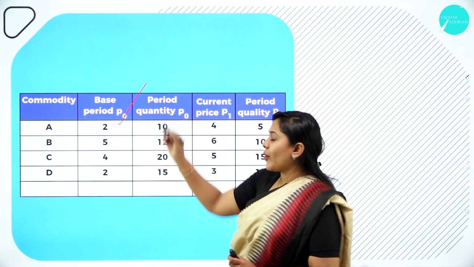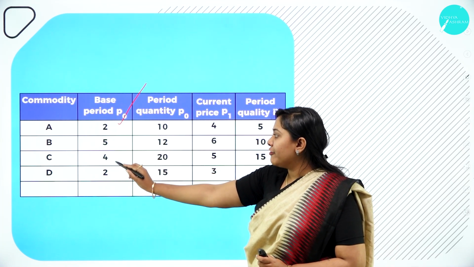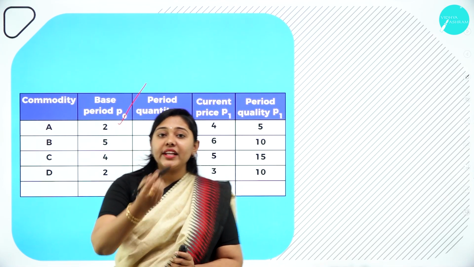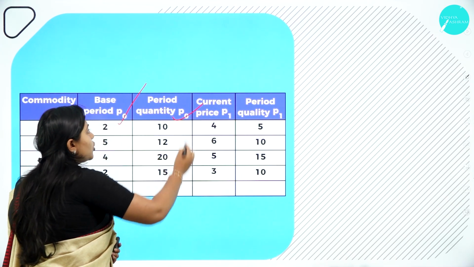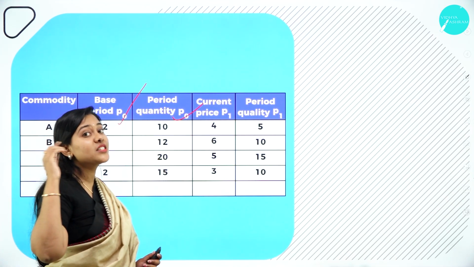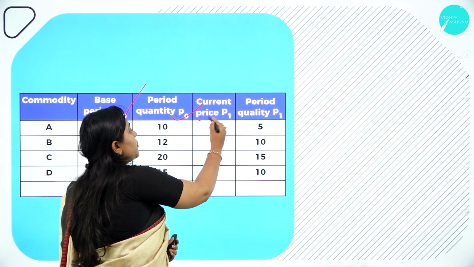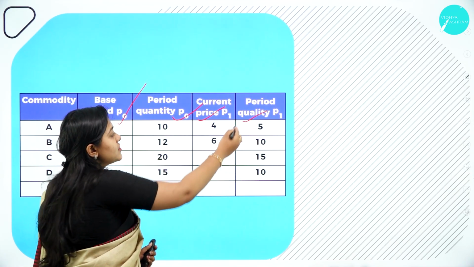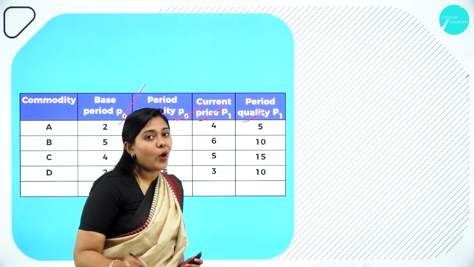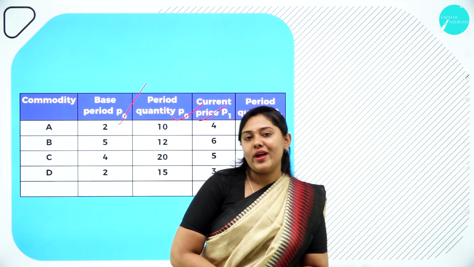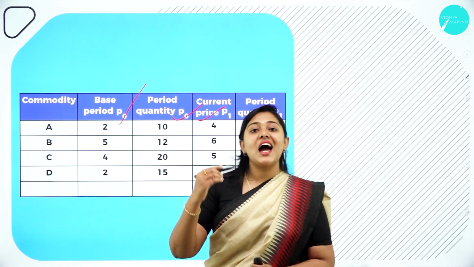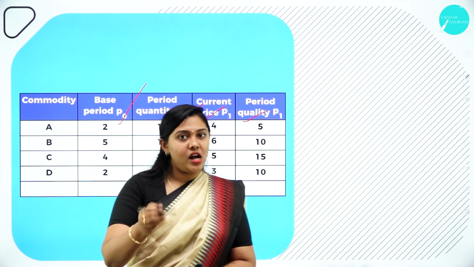Base period price, with the same example that I have taken. P0 stands for the base period price, Q0 is the base period quantity, P1 is the current period price and Q1 is the current period quantity. That is given in the question. So let us substitute the values into the formula and check what answer we get.